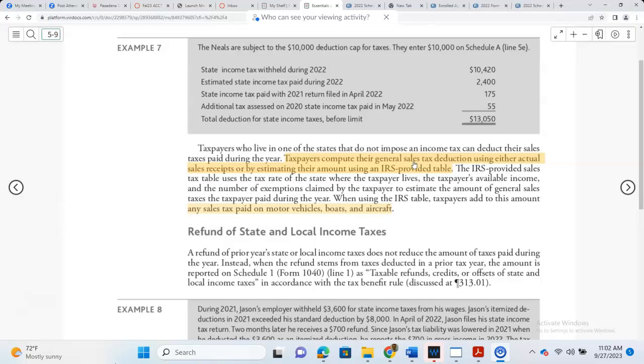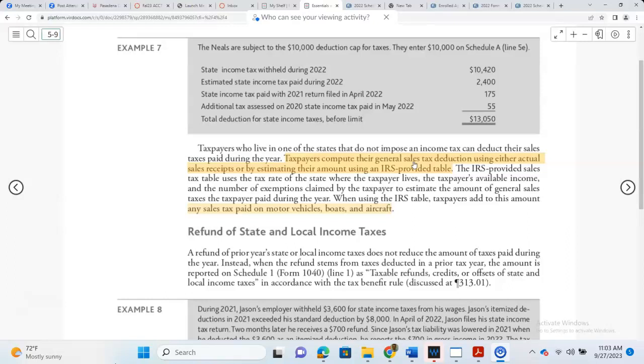However, if you bought a big item, then you can use the general sales tax plus the big item that you bought. The big item includes motor vehicles, boats, and aircraft. Doesn't include computers. Like computers should be on there? No, because a computer is not a big item.